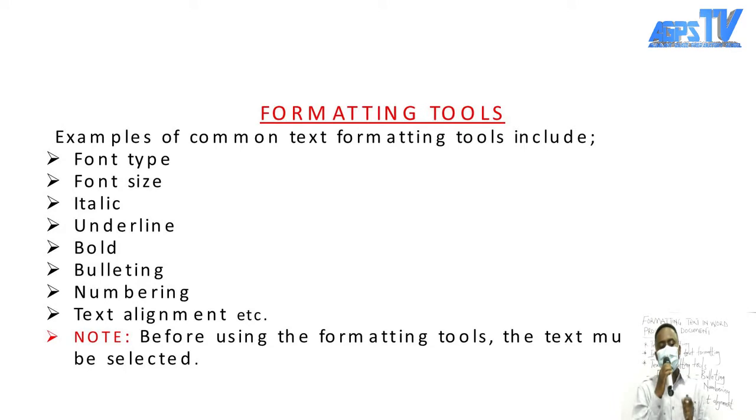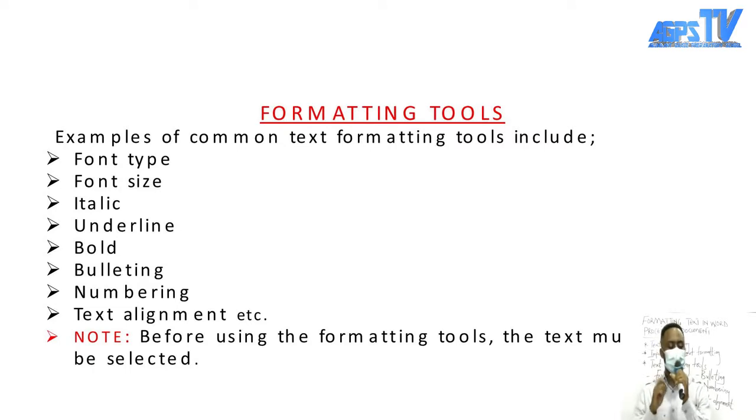One is the British pronunciation, and the other is the American pronunciation. In any way you pronounce it, it is accepted. Then we have underline, bold, bullets, numbering, and text alignment. All these are formatting tools used to format text in a word processing document.